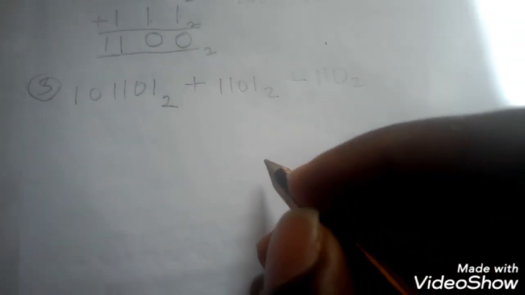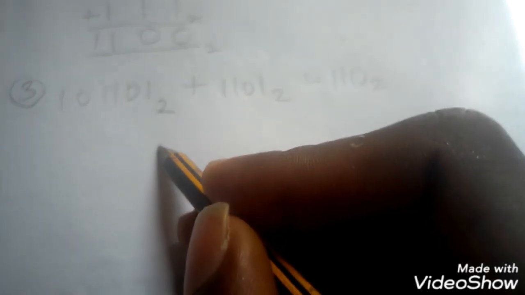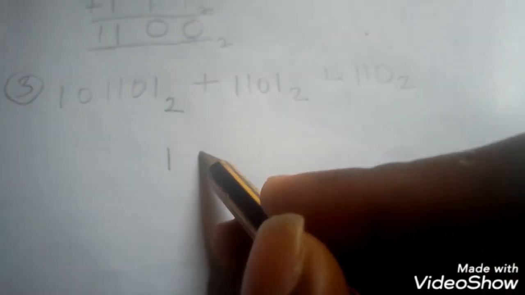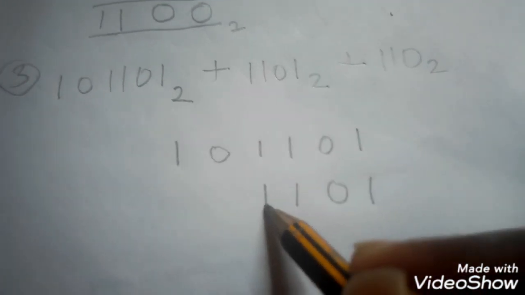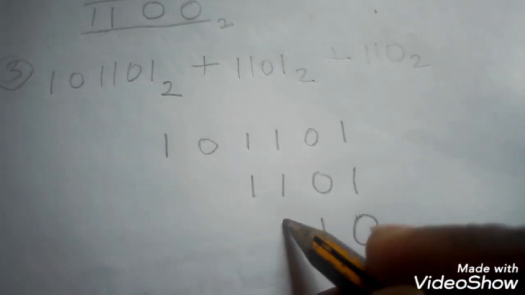Okay, so still follow the same process. We're still going to arrange it the way we arrange our addition. So the biggest number first, 1 0 1 1 0 1. Remember, you start from the end. So we have 1 0 1 1, and we have 0 1 1.